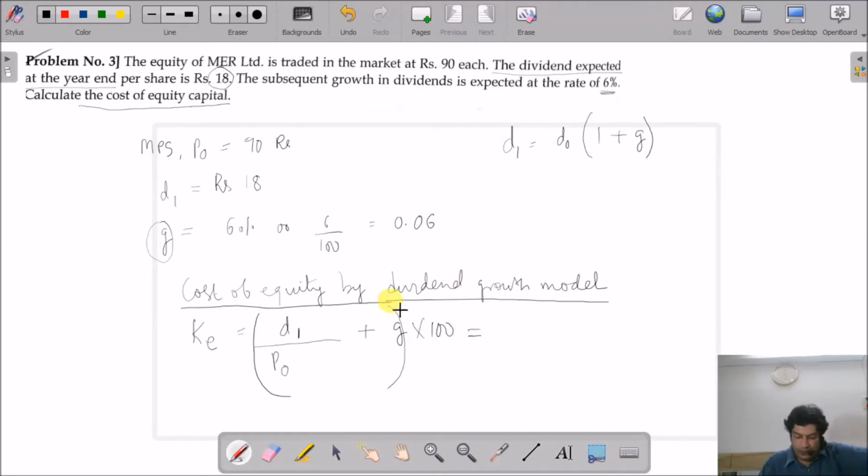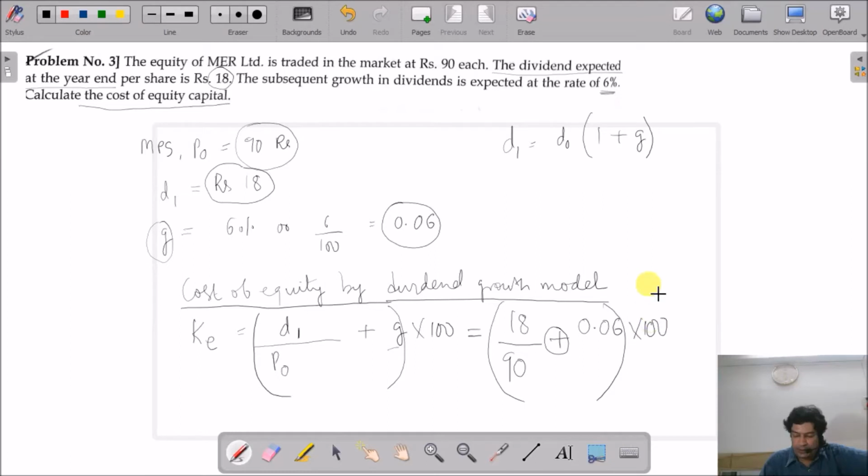So here I am filling it up. D1, we know that our future dividend is 18 rupees. Then P0, we know our current market price is 90. Then plus the growth rate, we will take it as 0.06, and then this entire answer we are going to multiply by 100.